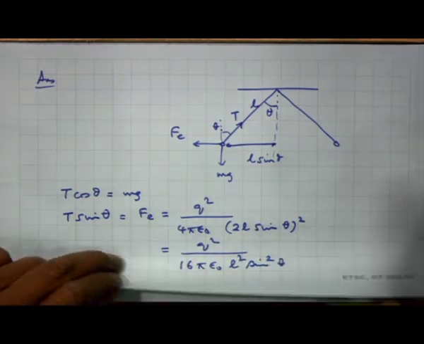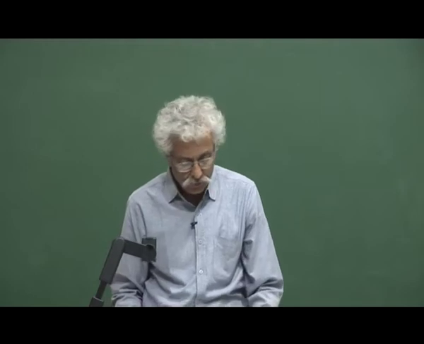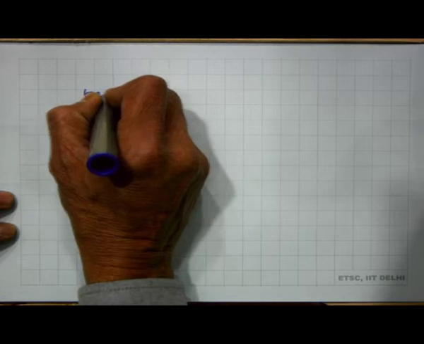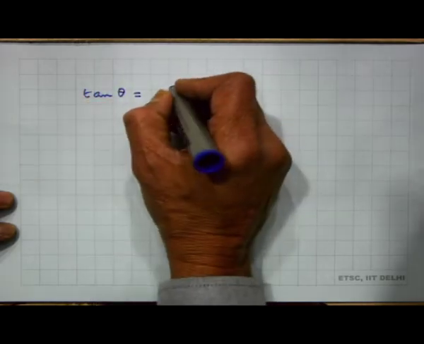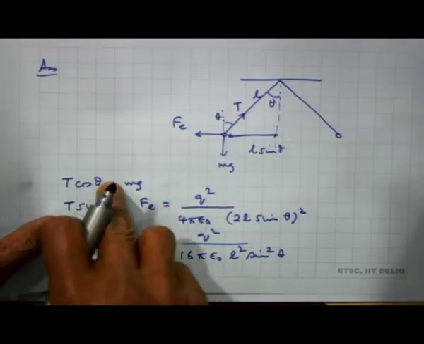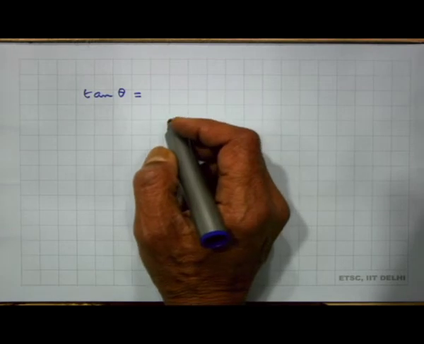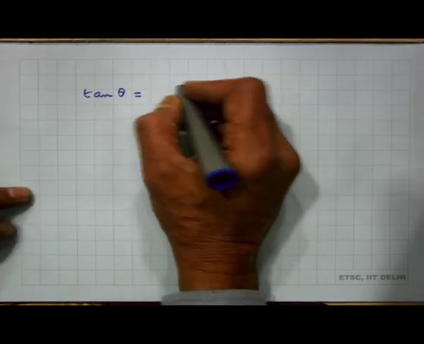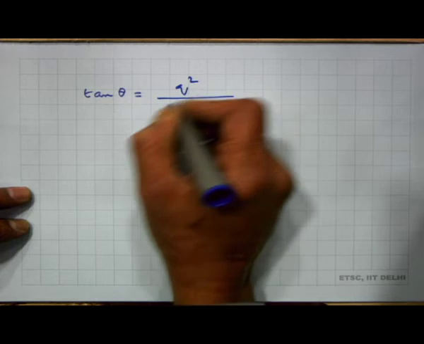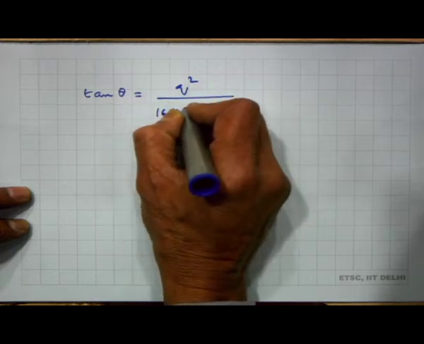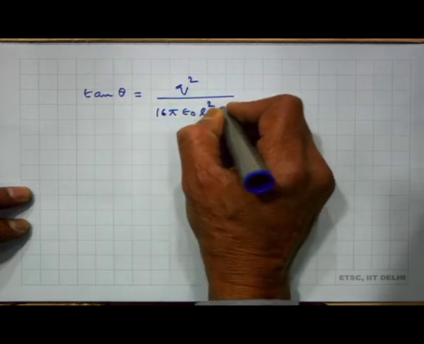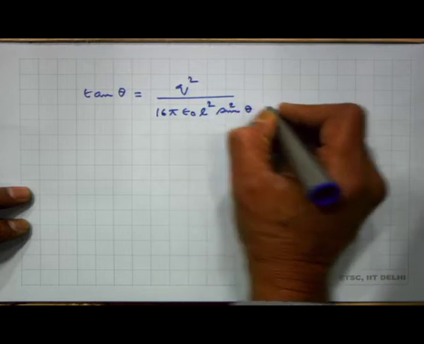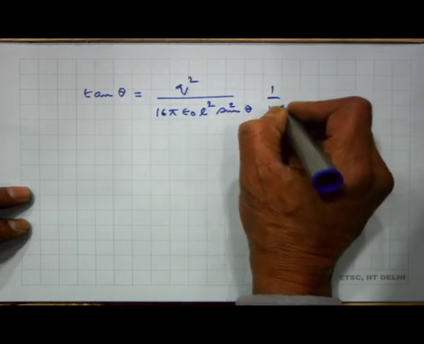I can eliminate the tension T from these two equations by dividing the second equation by the first equation, and I get tan theta. If I divide T sin theta by T cos theta, on the left hand side I get tan theta, and on the right hand side I get q square by 16 pi epsilon 0 L square sin square theta into 1 by mg.